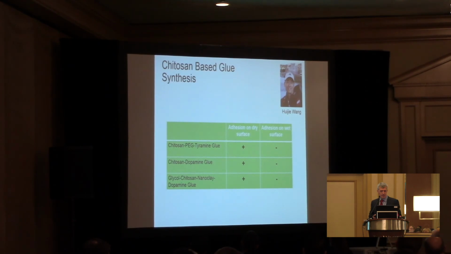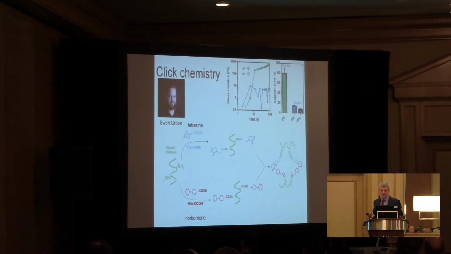And so in order to make things bond, oftentimes you can use what's called click chemistry. So one of my students, Sven, is working on this. If you take glycocatazine, which is our gel, and you want to make it gel faster, what you do is you make one batch with tetrazine and another batch with norbornene.